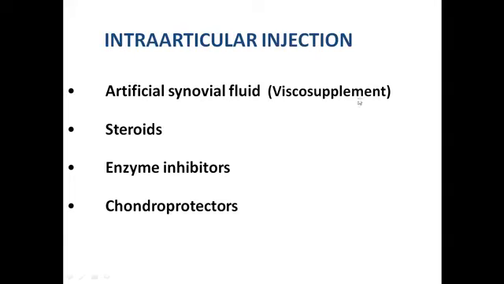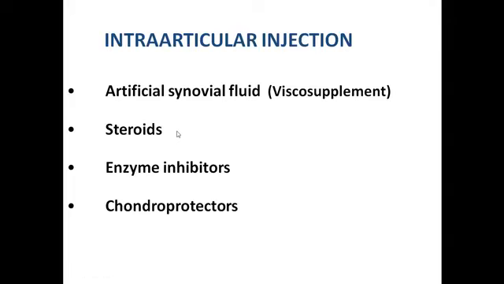Steroid can relieve the pain by intra-articular injection on a temporary basis, but oral steroid cannot be used in case of osteoarthritis. The role of oral steroid is in rheumatoid arthritis rather than osteoarthritis.